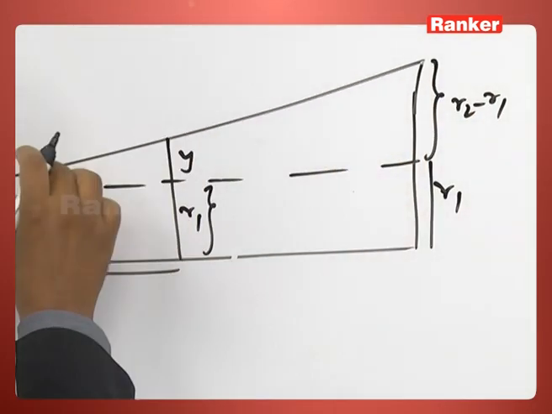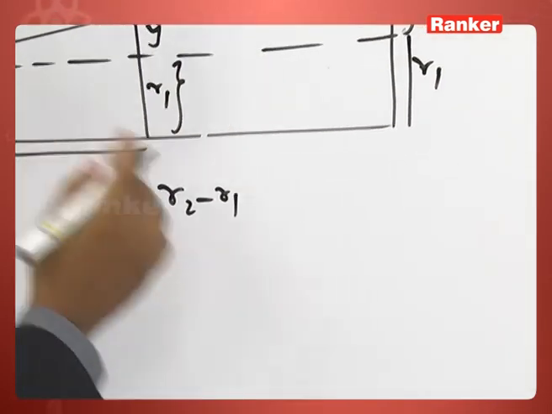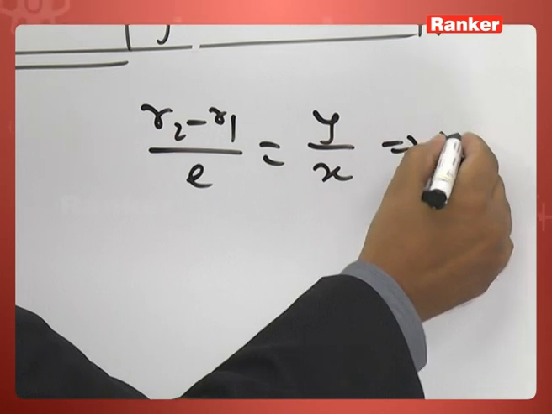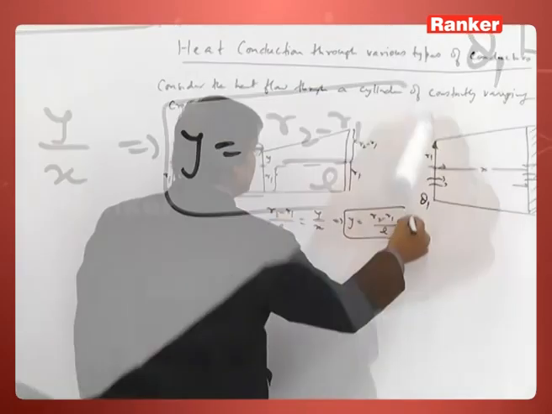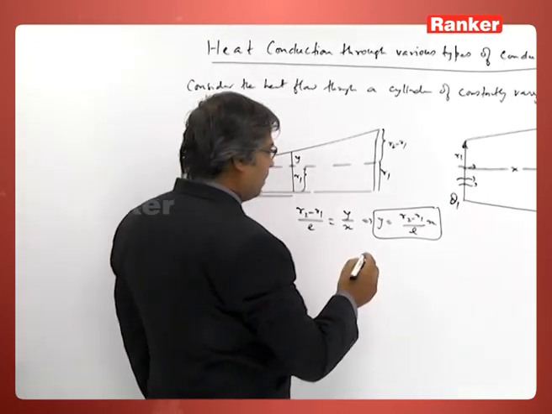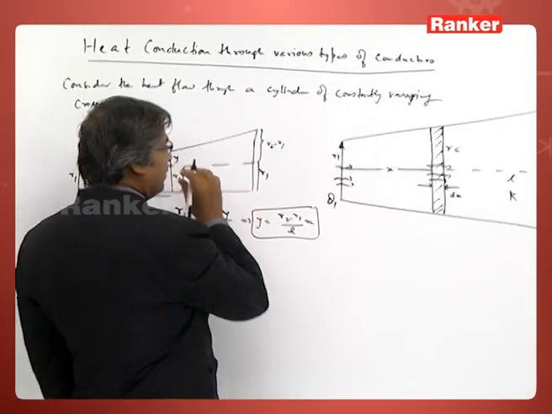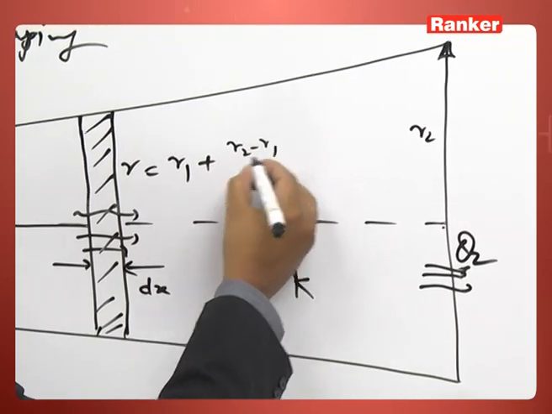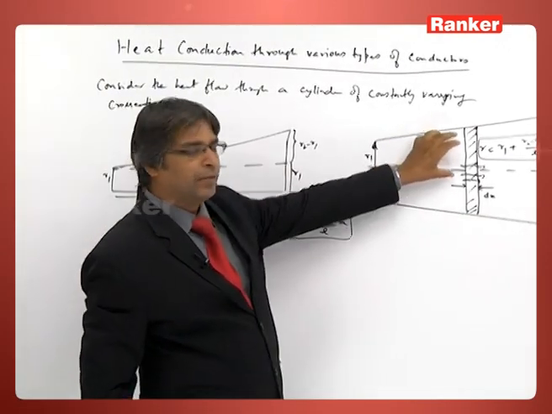By similar triangles, R2 minus R1 by total length L is equal to y by x, which implies y is equal to (R2 minus R1) by L into x. So, the radius R here will be R1 plus this y, that is R1 plus (R2 minus R1) by L into x. This is a very important point, the radius at this element.